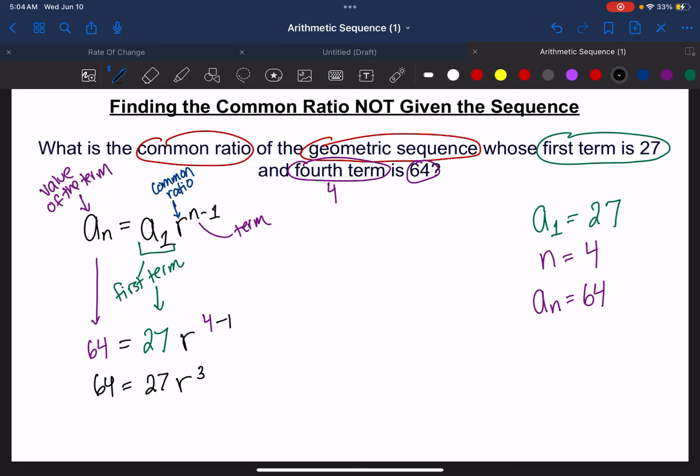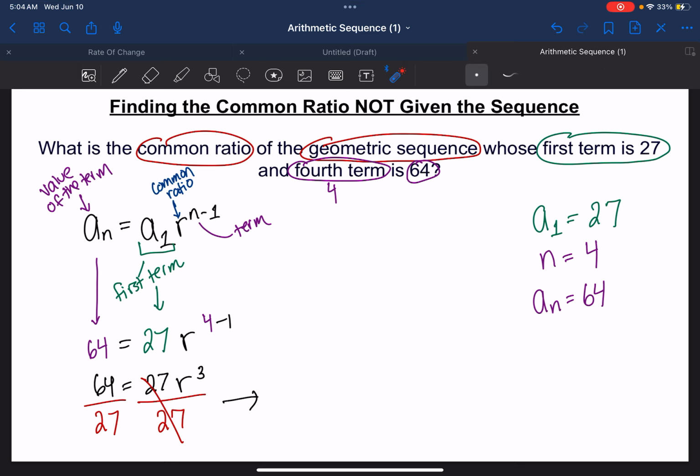So r to the third. Now we're going to use some inverse operations to figure out what r is equal to. We're going to start by dividing both sides by 27. Okay, that cancels.